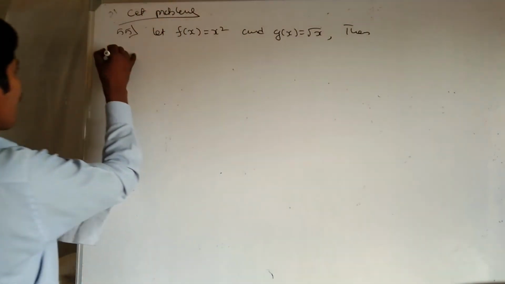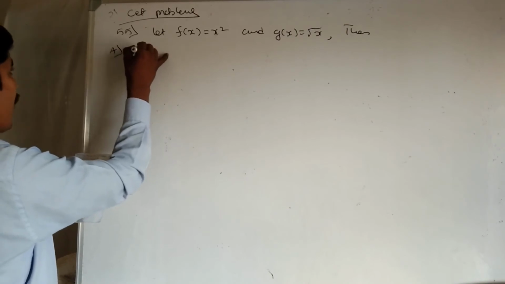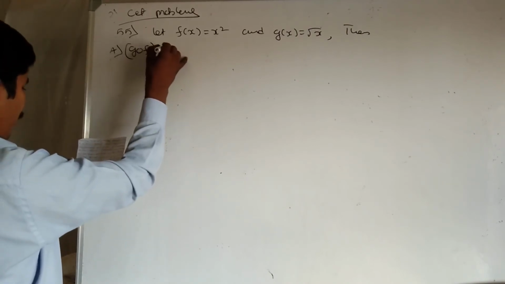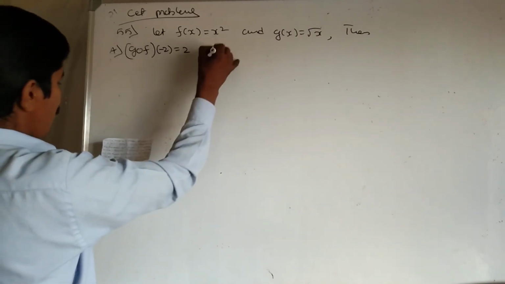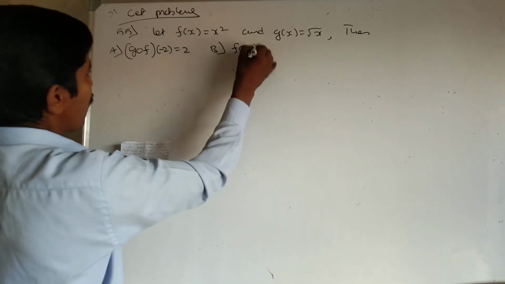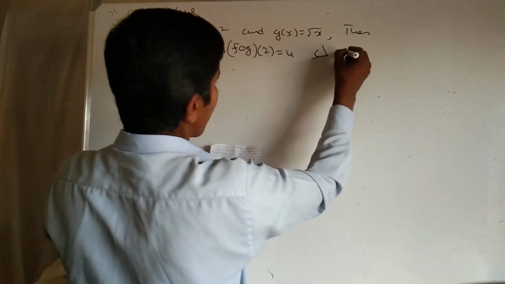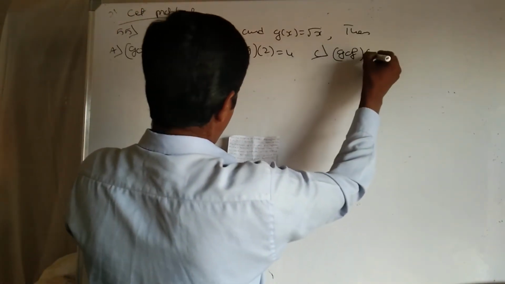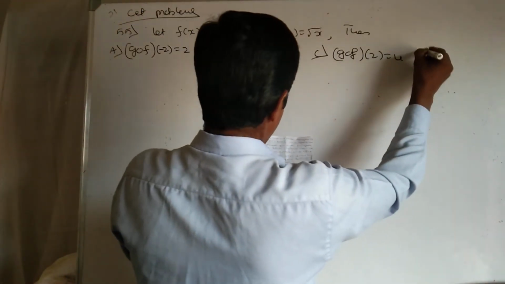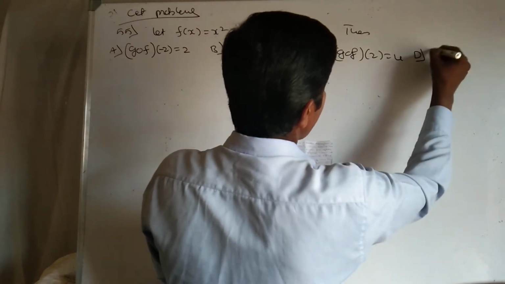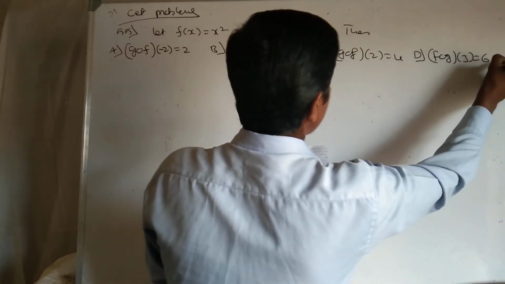Then A option: g o f of minus 2 equal to 2. B option: f o g of 2 equal to 4. C option: g o f of 2 equal to 4. D option: f o g of 3 equal to 6.